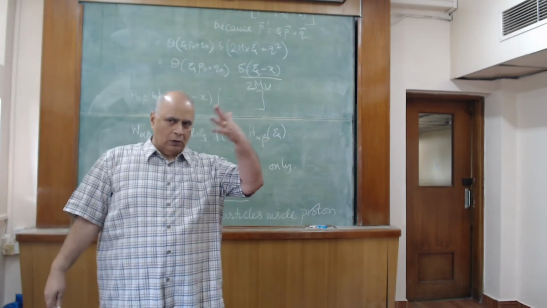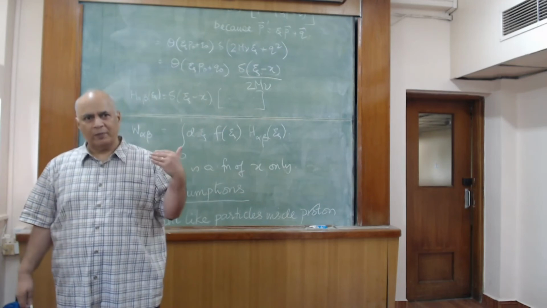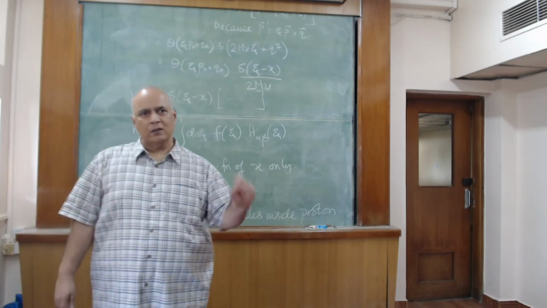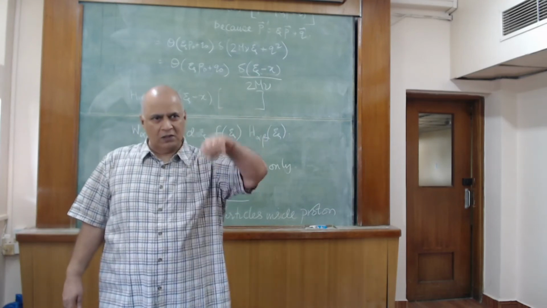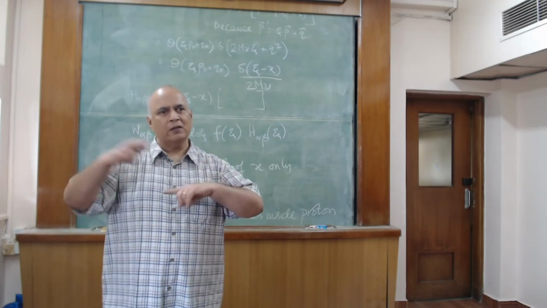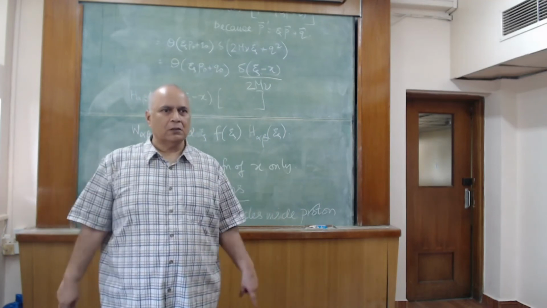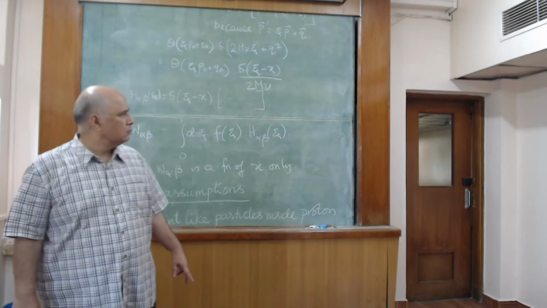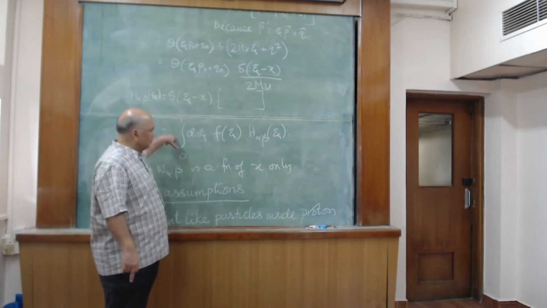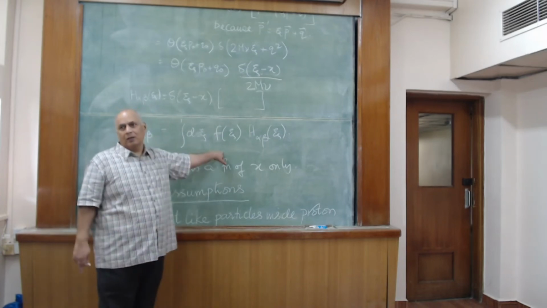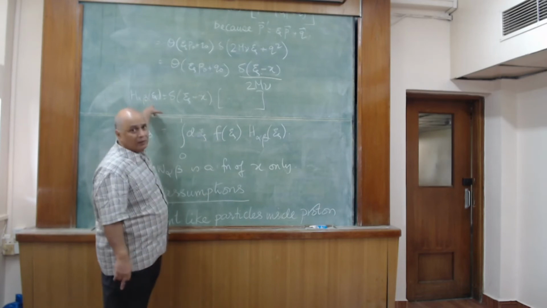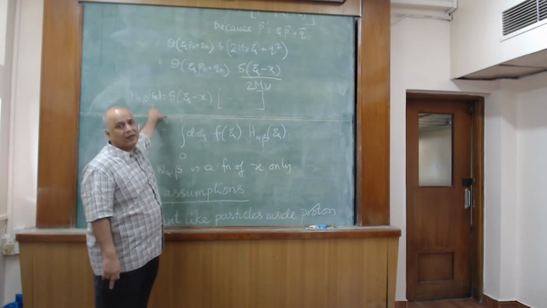So the two assumptions of Feynman, that there are point-like particles interacting with this off-shell photon, and these point-like particles are not interacting with each other. Both of them, so the second assumption is going in writing this equation, and the first assumption went in deriving this expression for H alpha beta.